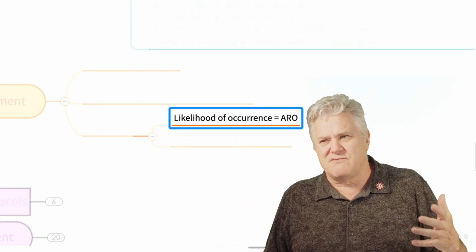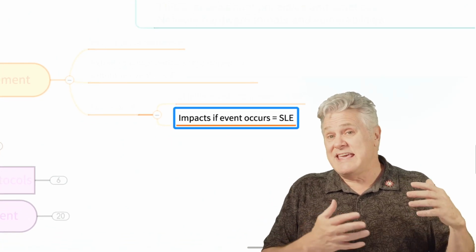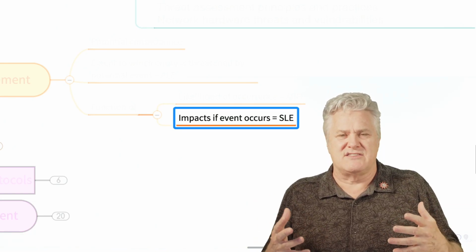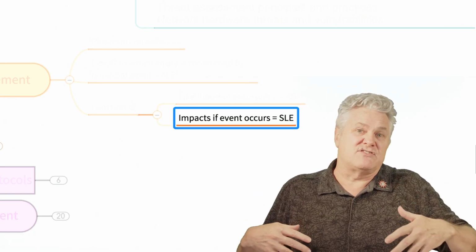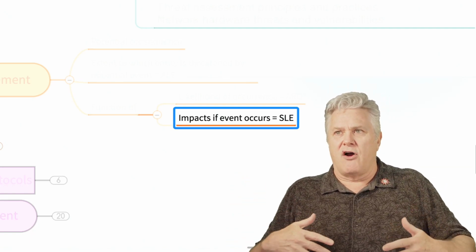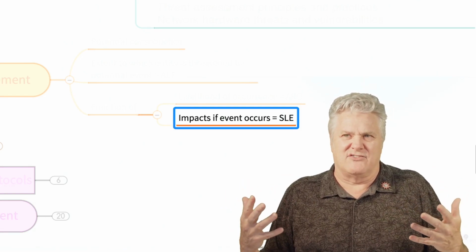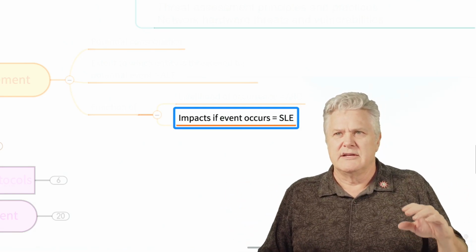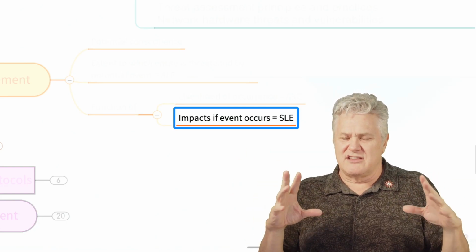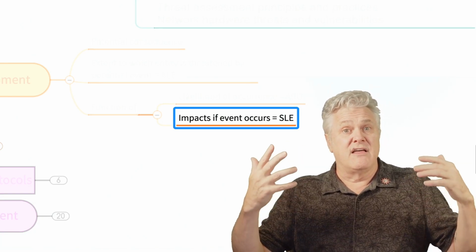What are the chances of this happening? That's the annualized rate of occurrence. What are the impacts if this event occurs? That's the single loss expectancy. So annualized, it happens 5 times in a year, and the loss is $1. So then our annualized loss expectancy, when we combine these two together, is $5 in that case, just arbitrarily. So management says, hey, look, we've got to realize that there are losses, and we're going to have to address those losses if they happen.